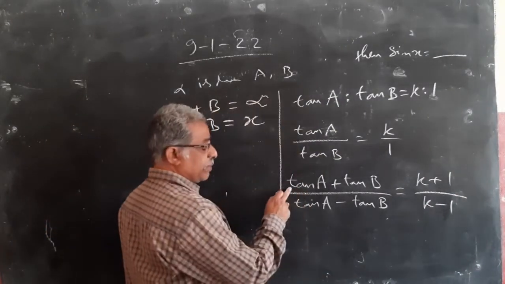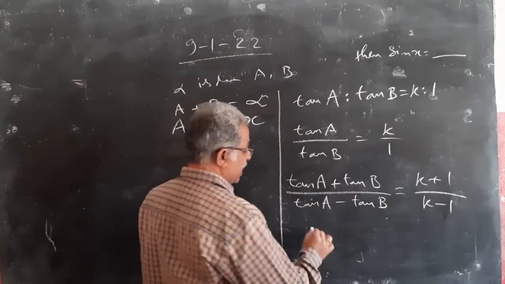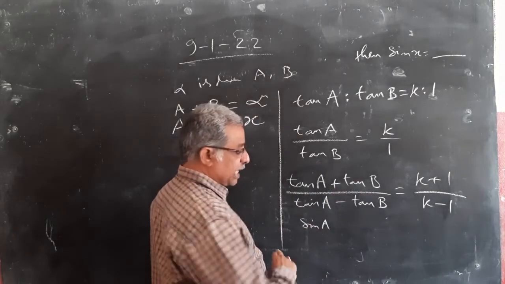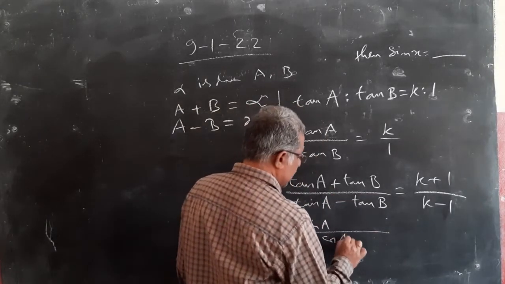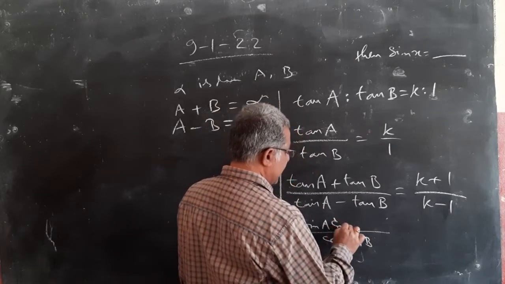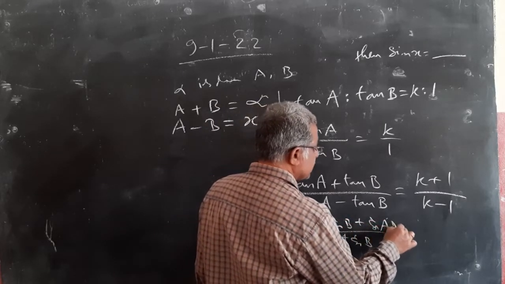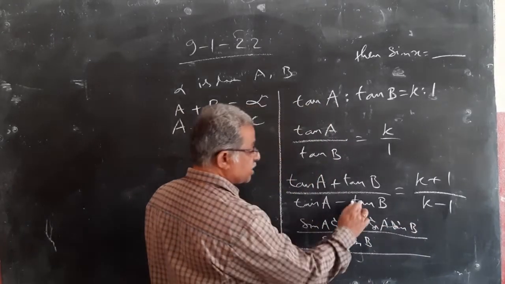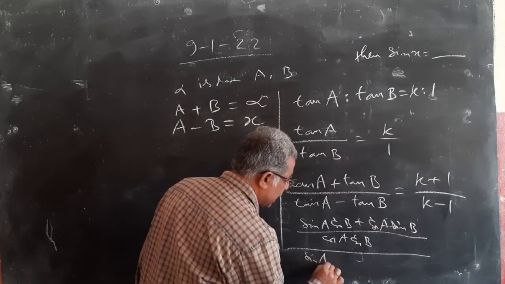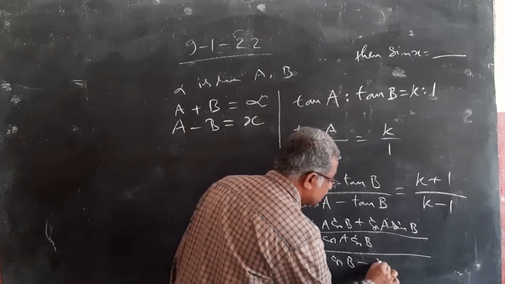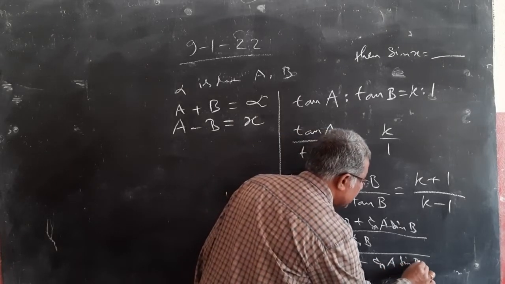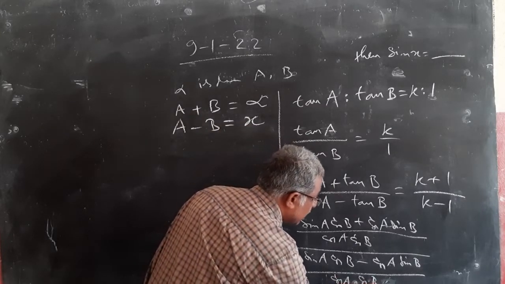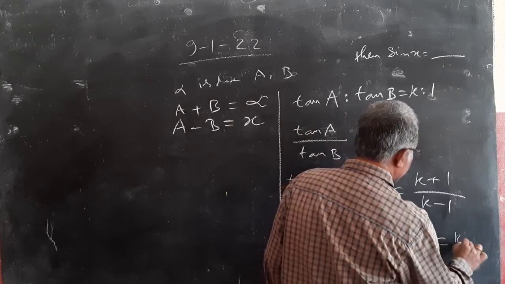Now tan A is sin A by cos A, and this is sin B by cos B. If I take LCM, LCM is cos A cos B. So this becomes sin A cos B plus cos A sin B. Denominator also the same: sin A cos B minus cos A sin B by cos A cos B equal to k plus 1 by k minus 1.